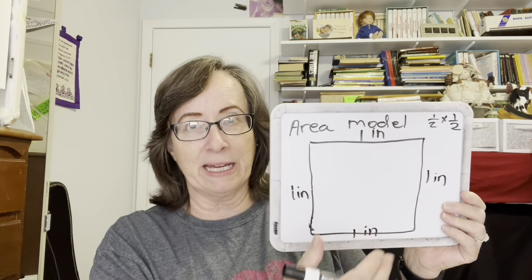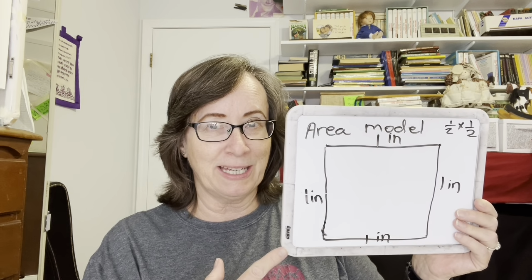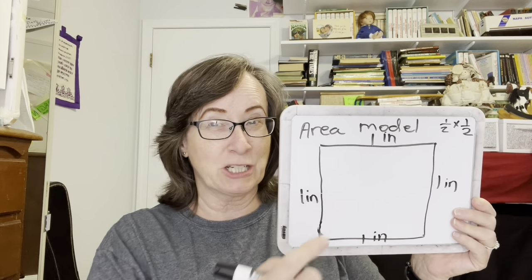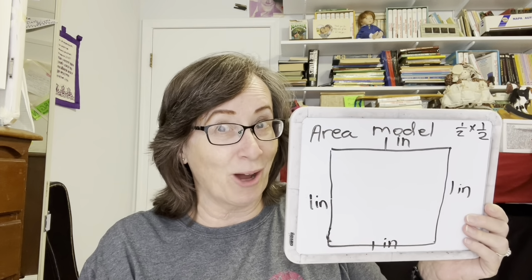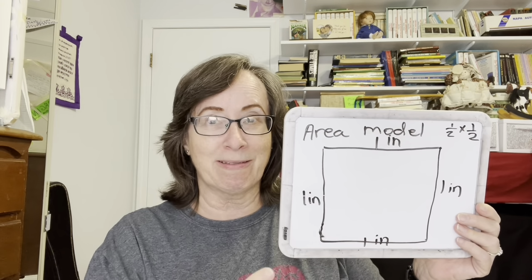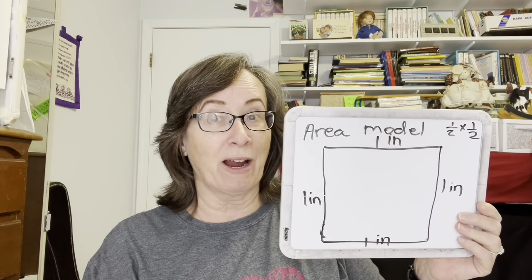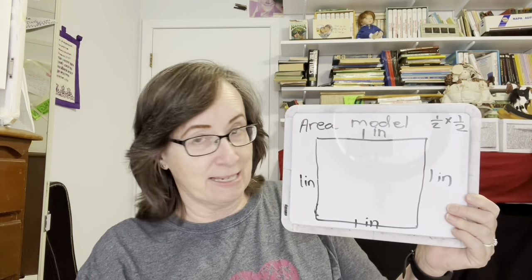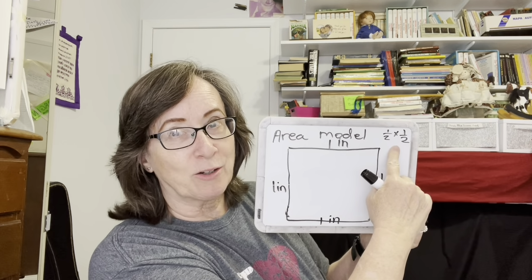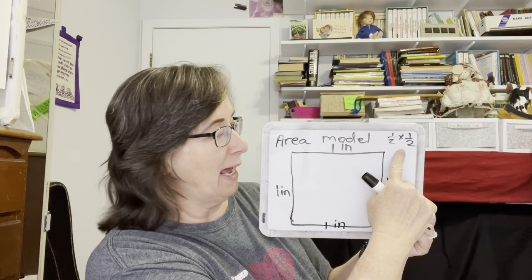So the area of what I have here, since I haven't broken it up, is 1 inch by 1 inch. And when I multiply 1 times 1, I get 1 square inch. So the area of this whole big thing would be 1 square inch. But now I'm going to look and model 1/2 times 1/2.